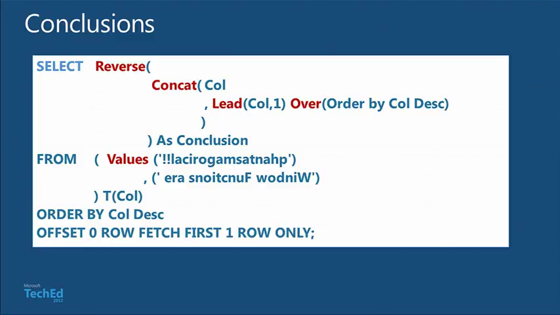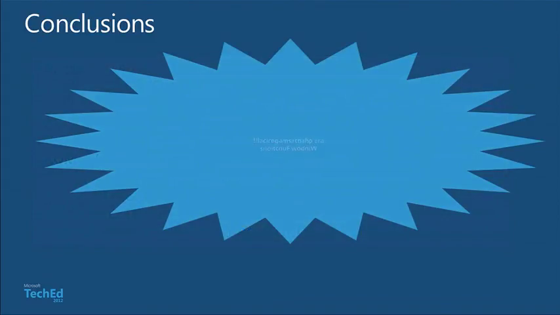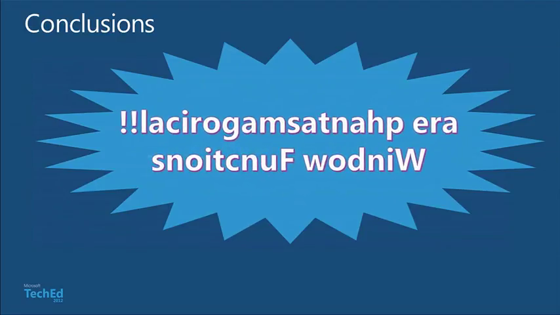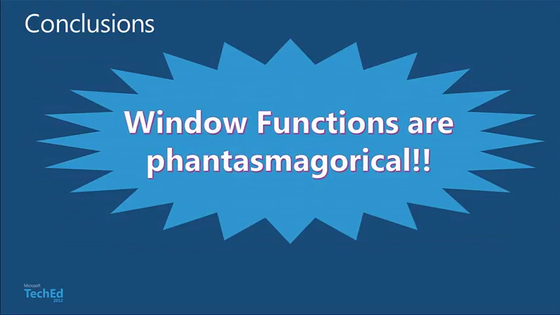Can you guess what this will come back with? Wow, awesome. Someone didn't know that. To me, window function is phantasmagorical. So what do we do next? Upgrade to SQL Server 2012.